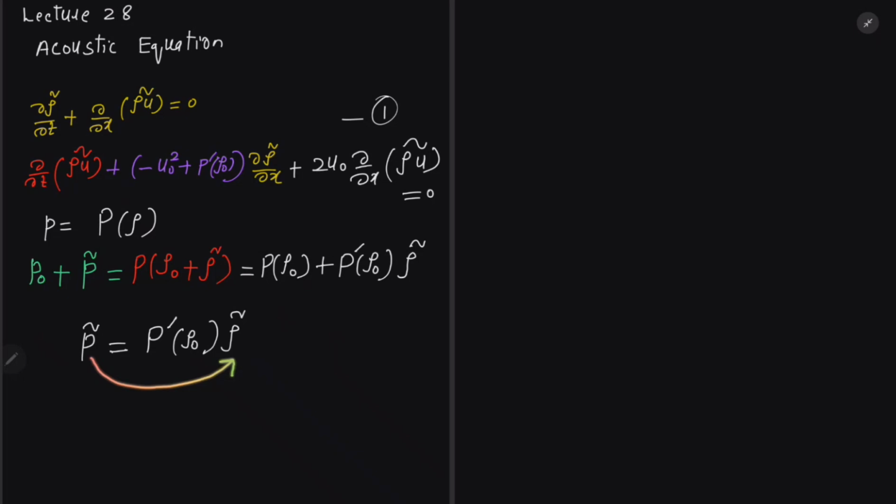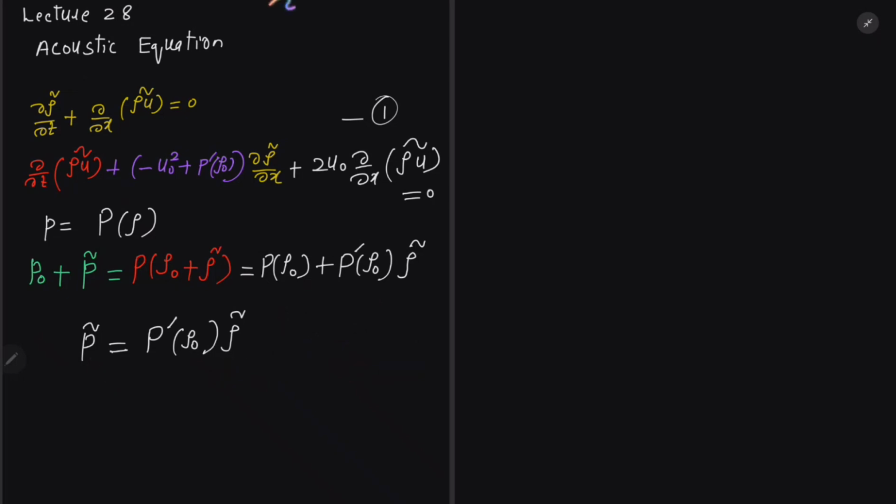It means that we can replace the perturbed density rho tilde with the small p tilde pressure, and this is also capital P dash rho naught over here. So that was the aim, and we achieved one aim over here.